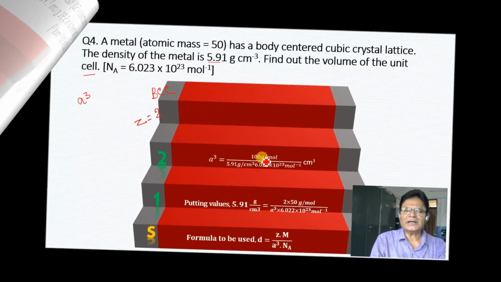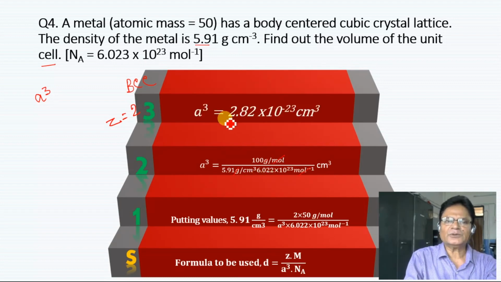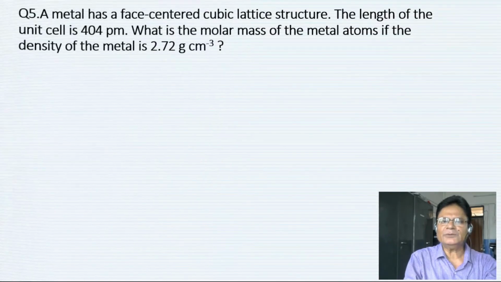So gram will cancel, per mole will cancel. So what do we get? Centimeter cube. So a cube will be equal to these many centimeter cubes. Yes, on solving we get a cube is equal to 2.82 into 10 to the power of minus 23 centimeter cube. This is the volume of the unit cell.